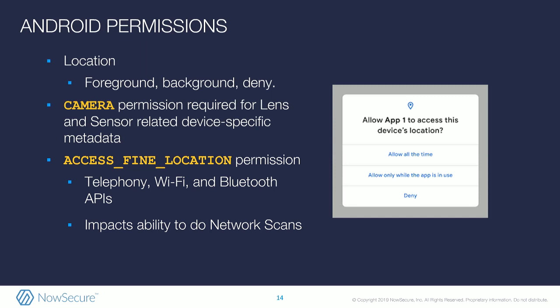On top of that, this is an interesting one because the access fine location permission is going to be required for doing certain types of actions within the telephony, Wi-Fi, and Bluetooth APIs. So if you're doing network scanning or telephony scanning or Bluetooth scanning, those are things some applications will do to obtain your fine location. So you might have heard there's access coarse location and there's access fine location.